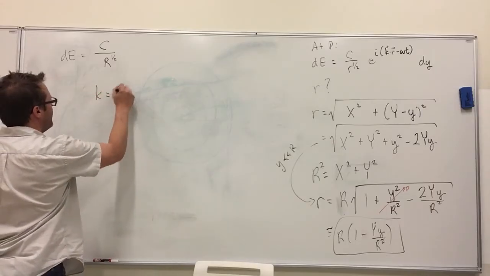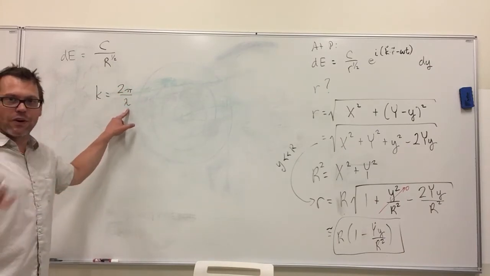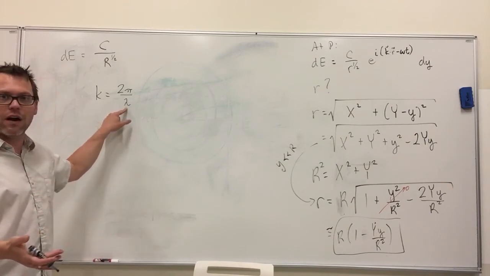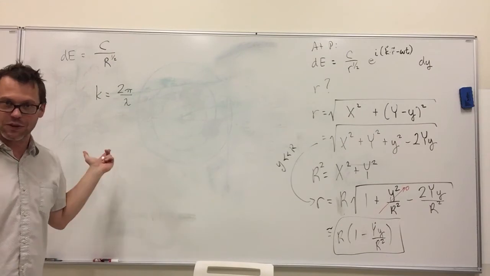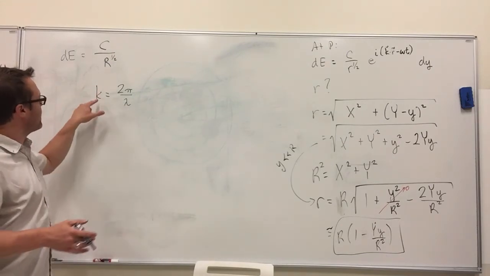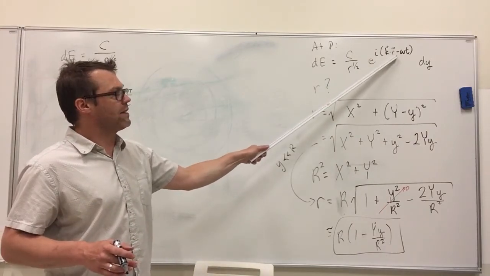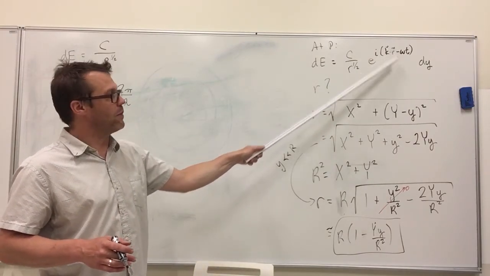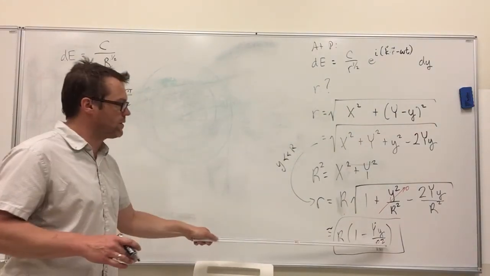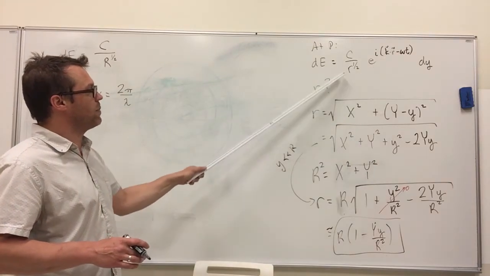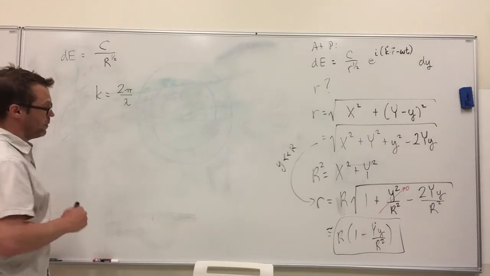Remember k is 2 pi over lambda, and lambda for optical light is on the order of nanometers, so k is on the order of 10 to the 7 inverse meters. When you multiply a huge number by even a slightly varying number, that can make a big difference in the argument of the exponential. So I'm going to keep this term in the argument of the exponential, but not bother here. It's completely sound, even if it seems a little bit creepy.